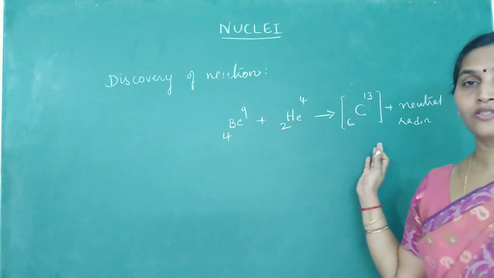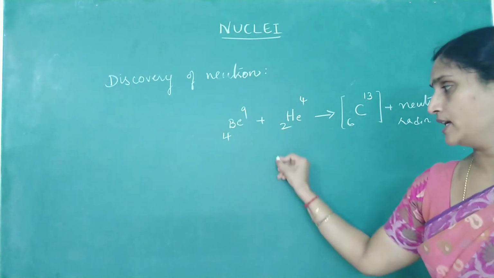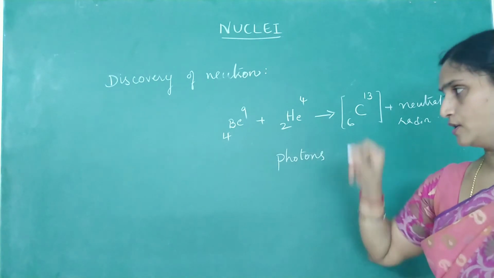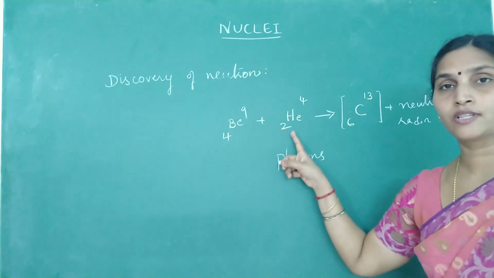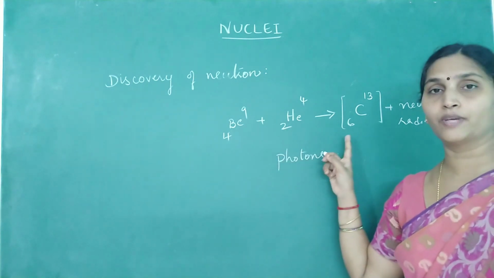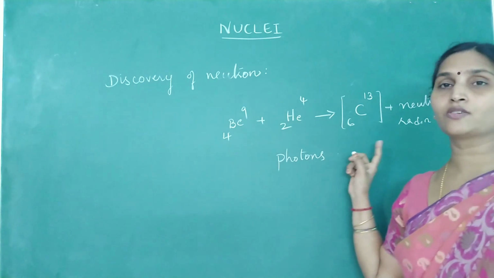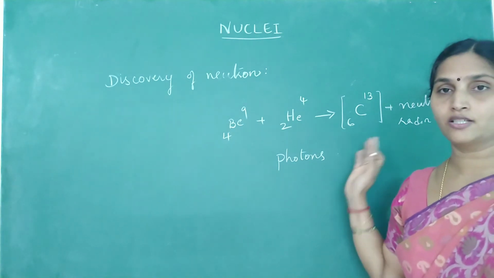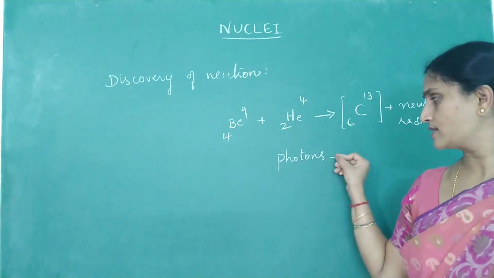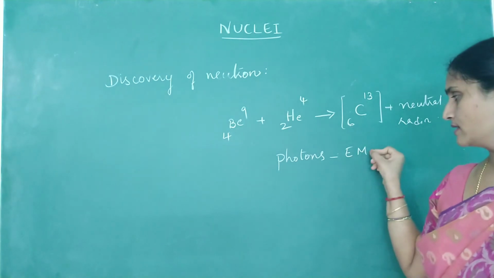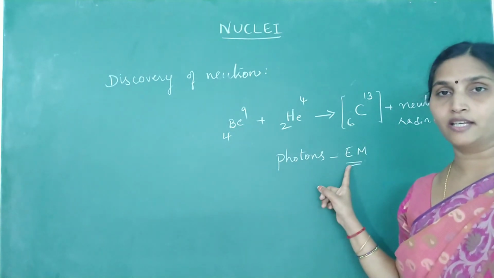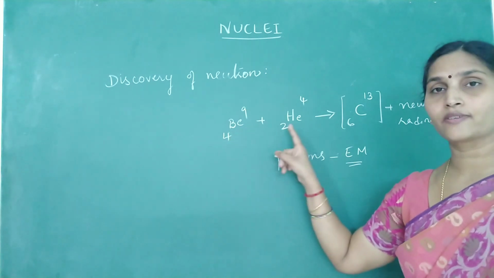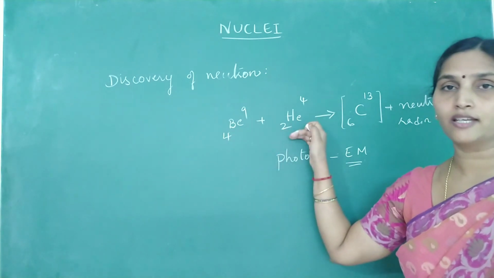These radiations were first predicted to be electromagnetic radiations composed of photons. I repeat, when beryllium is bombarded with helium, it resulted in the formation of carbon along with the release of some neutral radiations. Initially, they were predicting that these radiations were photons. If they are photons, that is electromagnetic radiations, the energy of this electromagnetic radiation is much higher than obtained by conservation of energy and momentum of beryllium and helium.